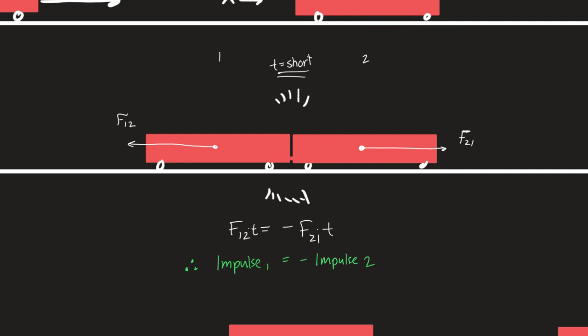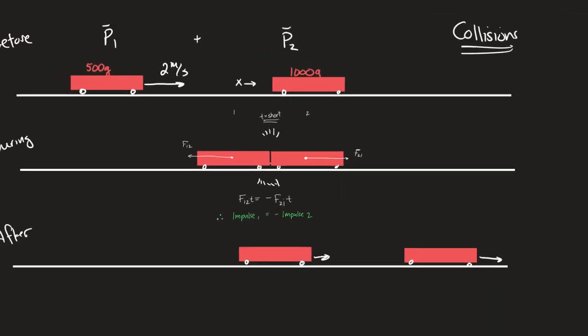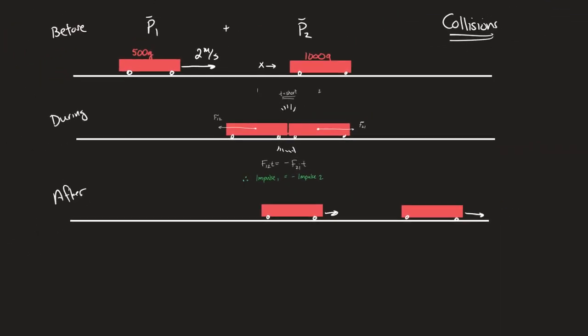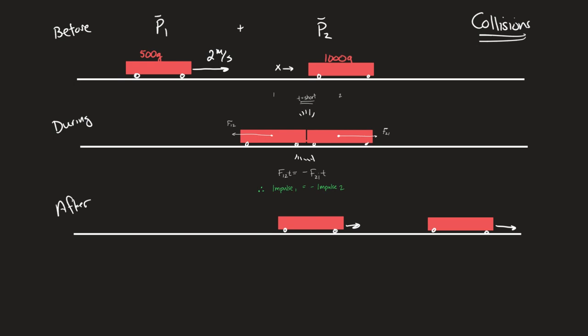We doing good so far? No big deal? Go back to our example here. In this basic collision comparison, the system had momentum based on the motion of car 1 before the collision. Everybody good there?